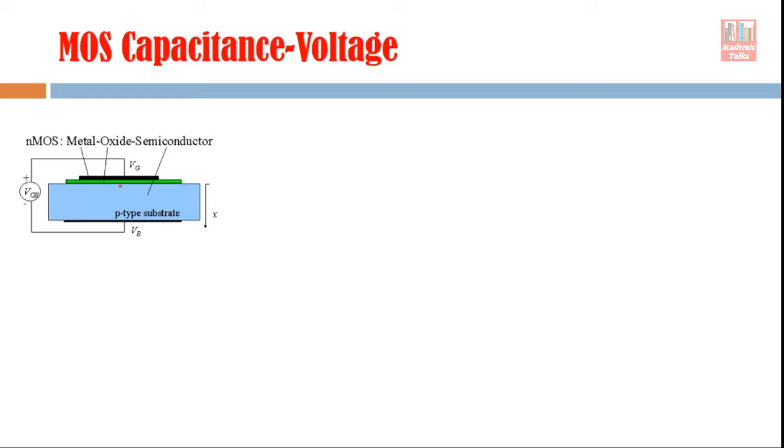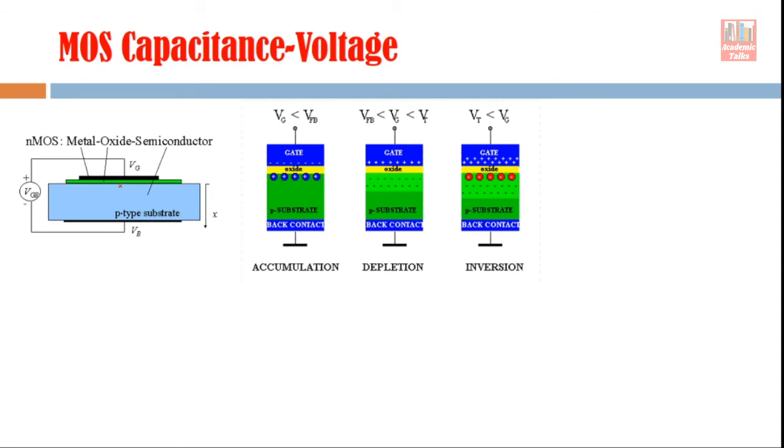To understand these things, you should know three different situations. You are already familiar with basic MOS theory, and you know that when you change the gate voltage, there is a possibility of accumulation, depletion, and inversion within the semiconductor near the interface.